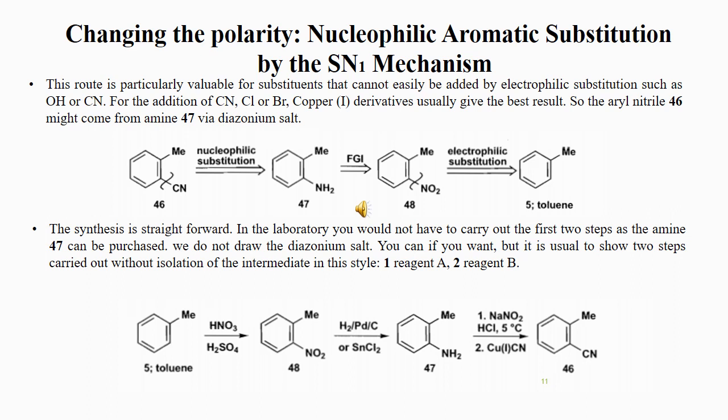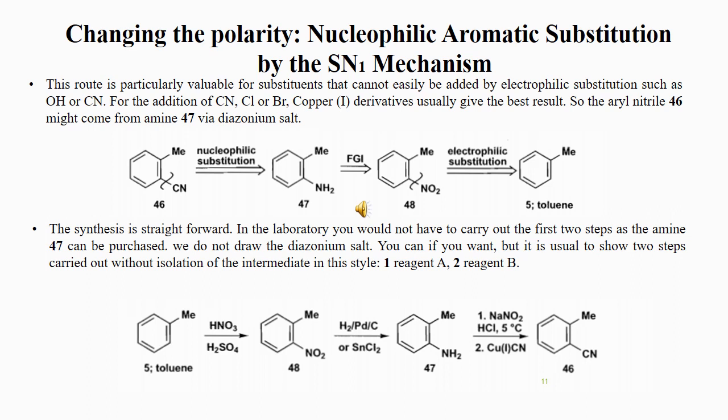Toluene can be nitrated, giving 48 from toluene. Now if we check the synthesis, that is very straightforward.